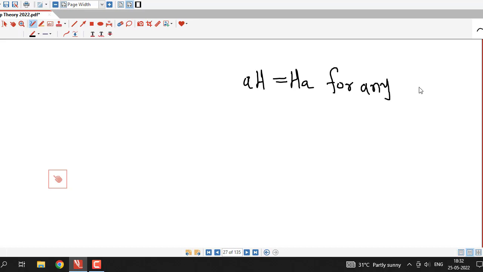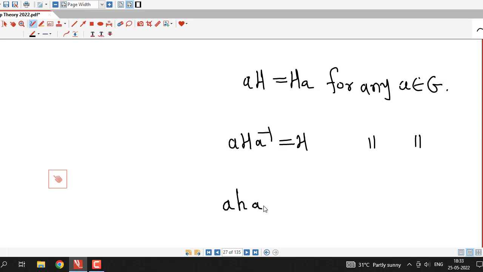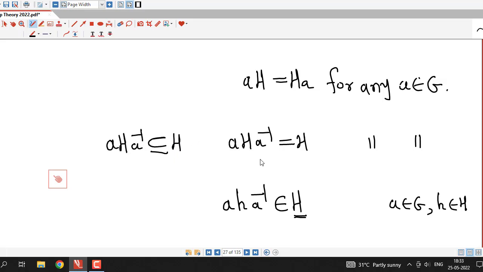This is one criterion for any a belongs to G. Another definition is aHa inverse is equal to H, again for any a belongs to G. And another third criterion is if we consider any a belongs to G and any element h in capital H, then this type of element aha inverse is always present in capital H. Some authors consider aHa inverse as a subset of H. So if these two are equal, then both are subsets of each other.